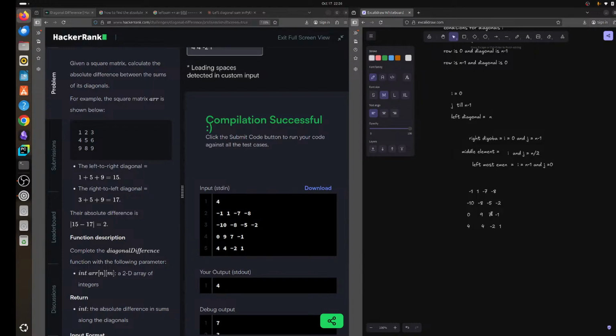This one, and the middle one is this. Middle one will be this, like two, two, zero, two, two, and this final one, right?